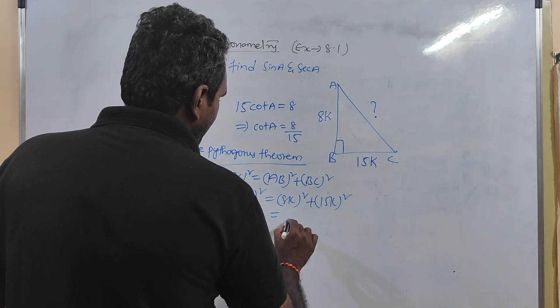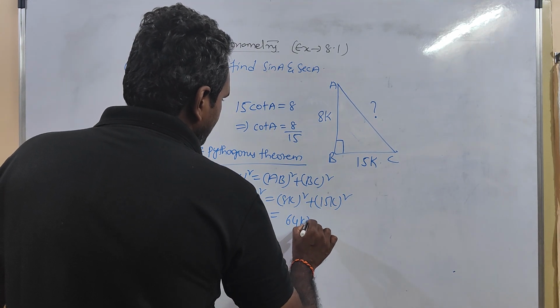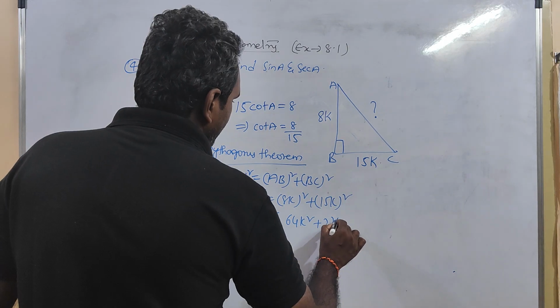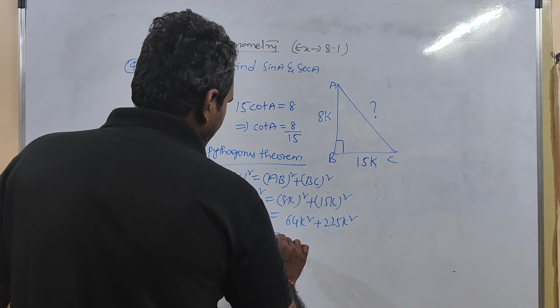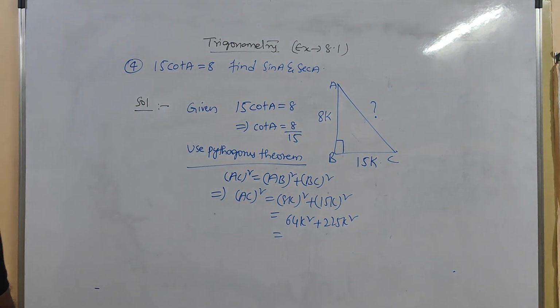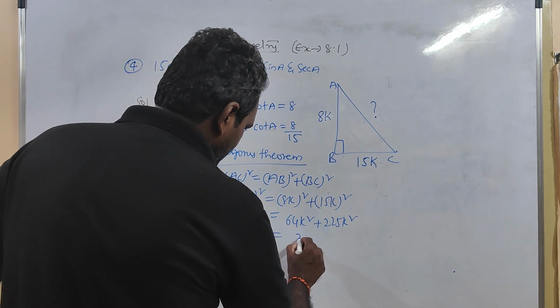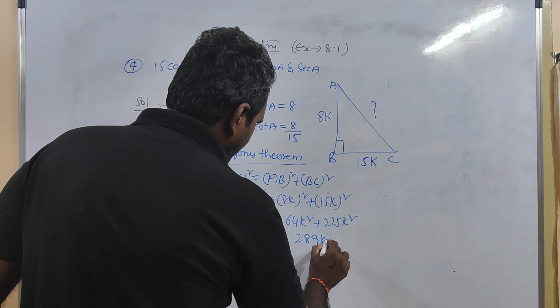What is my 8 square? 64K square plus 225K square. What will I get? 64 plus 225 is 289, right or not? 289K square.